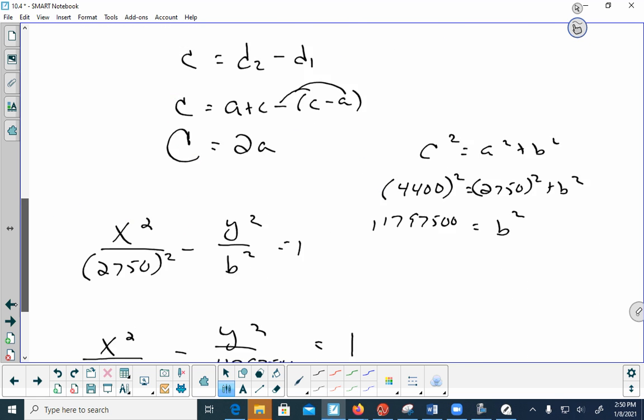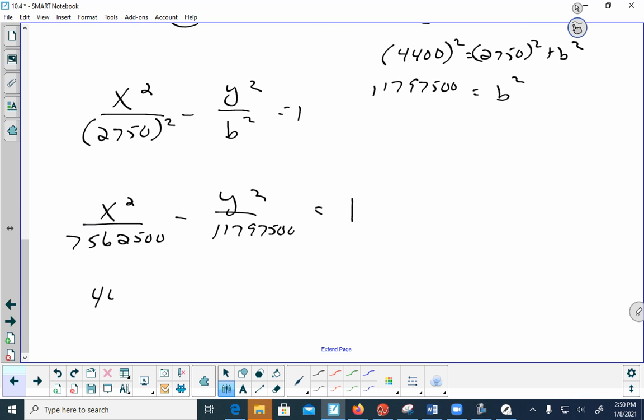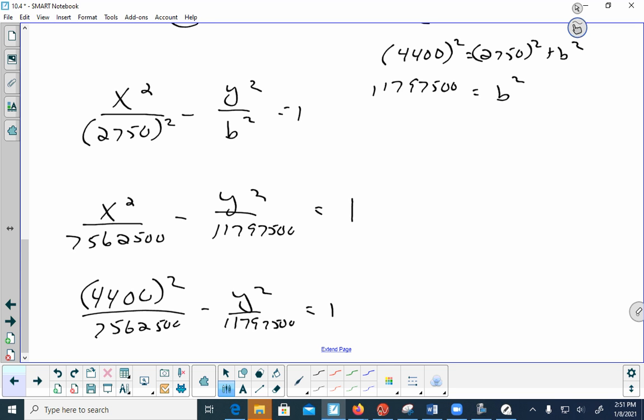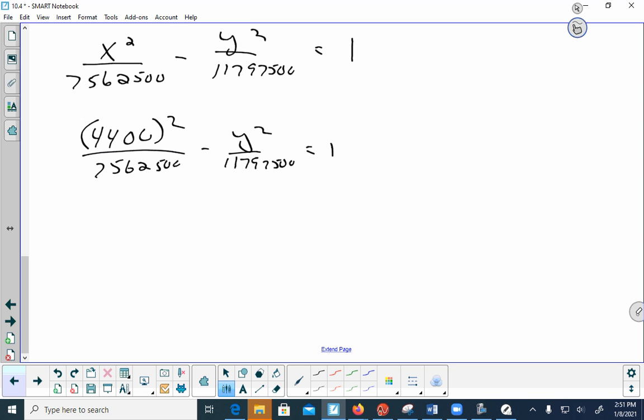So I'm going to put that 4,400 in for x and put everything else in. I really don't think I need to tell you how to solve this. You can solve it. When I solve this and take the square root, y has a choice of being plus or minus 4,290.